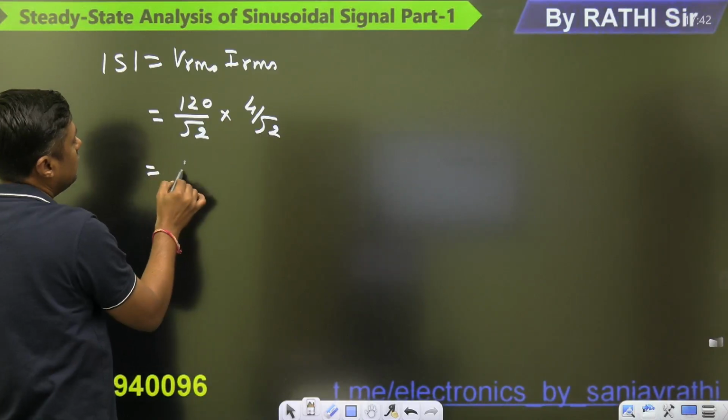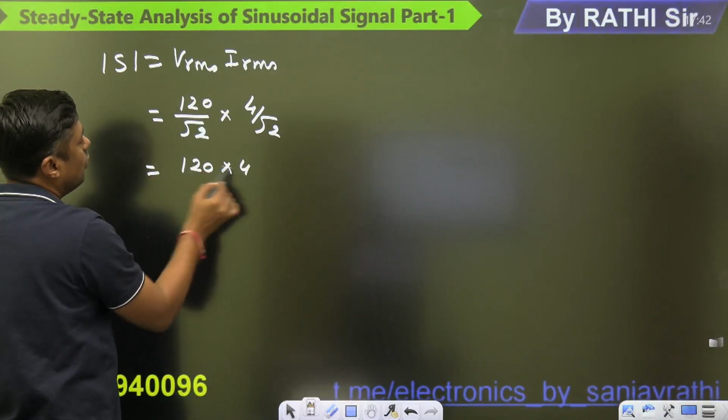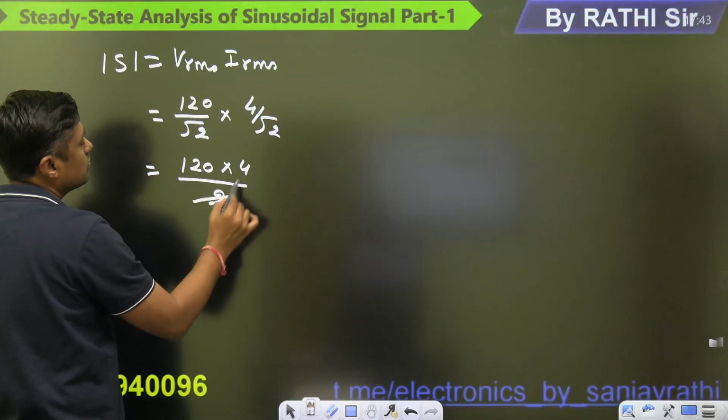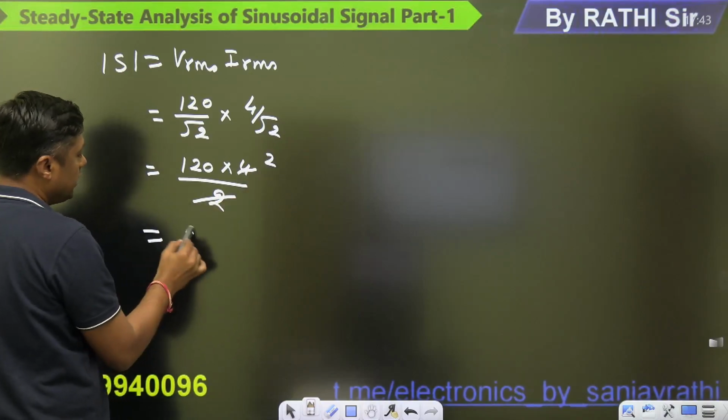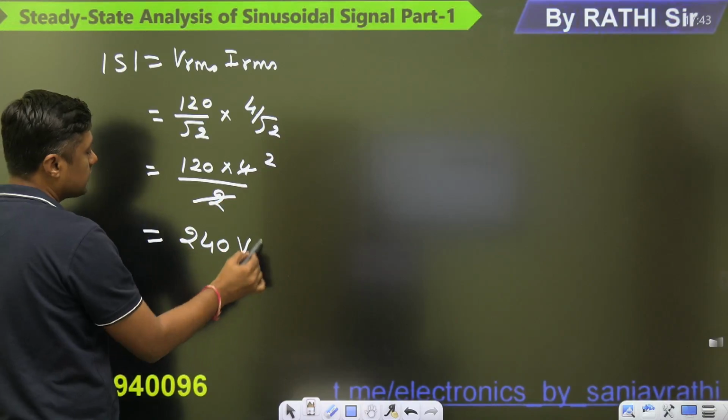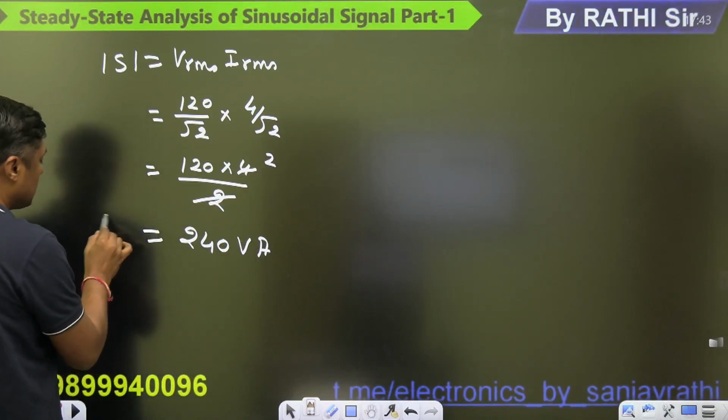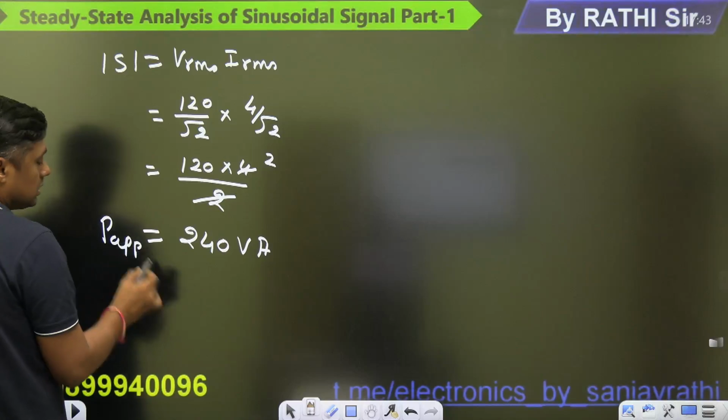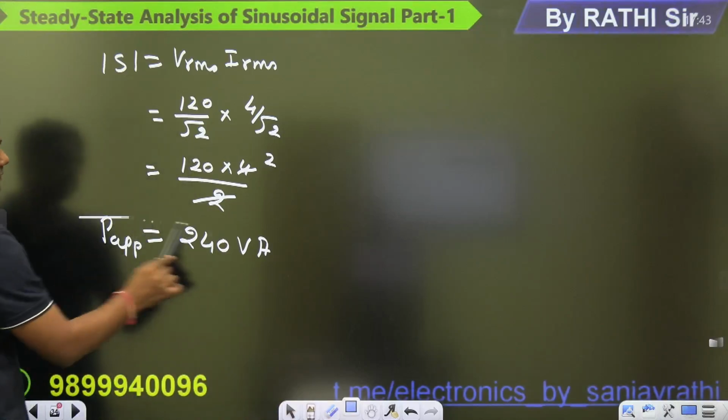So it will become 120 into 4 divided by 2, which is 240 volt ampere. This is the apparent power.